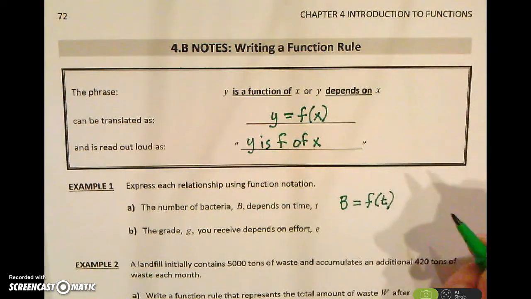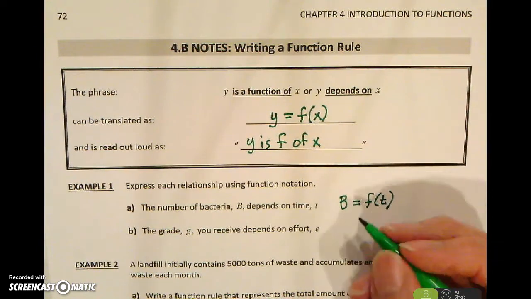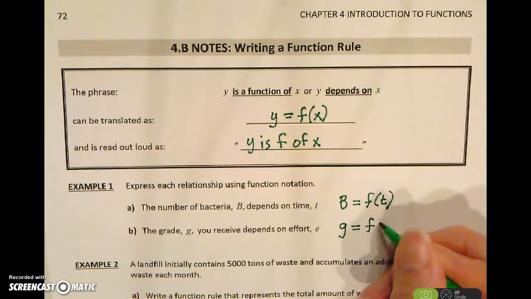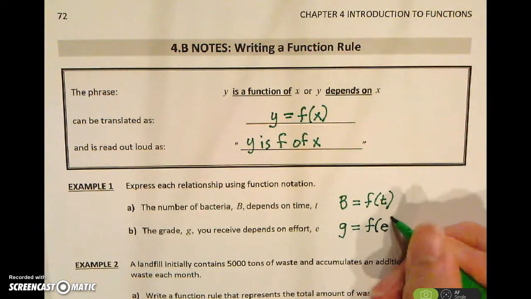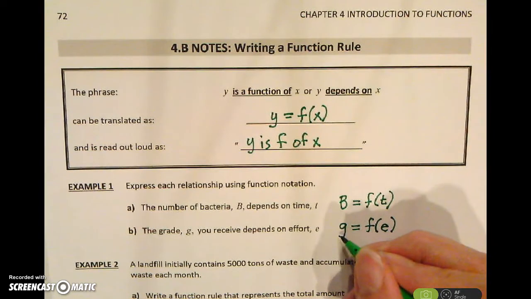Part B, the grade G you receive depends on your effort E. So we'll say that G is equal to f of E. The effort you put in results in a grade that reflects it.